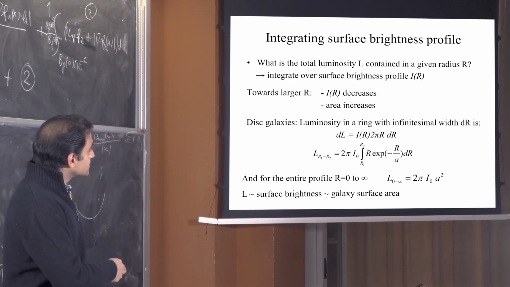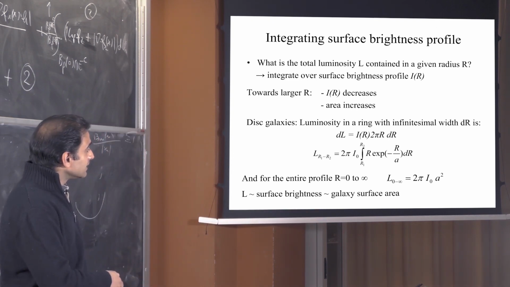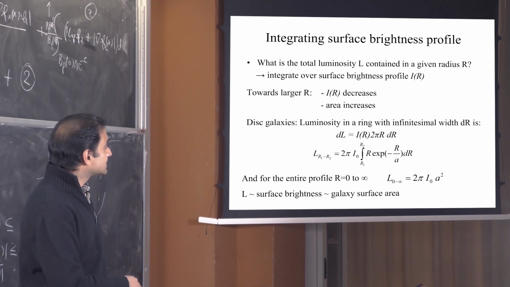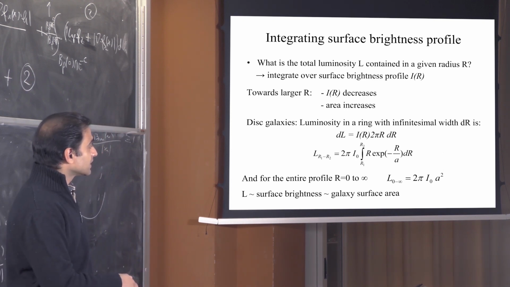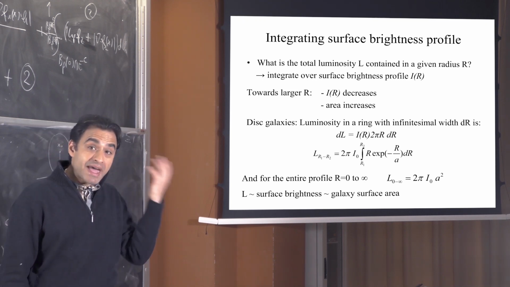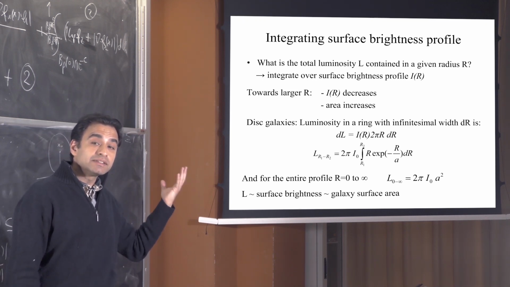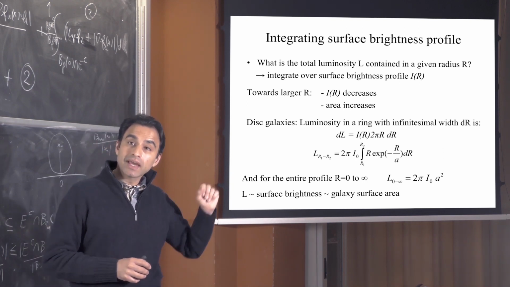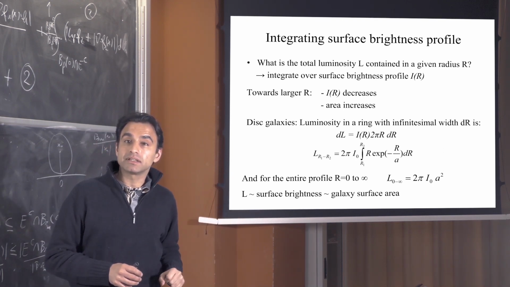And if you do this and you integrate, you will find that the total luminosity of a galaxy at the end of the day is characterized by two parameters, the central brightness and the scale radius A. So you can measure these two quantities directly from your fitting of your images and retrieve the total luminosity of a galaxy.